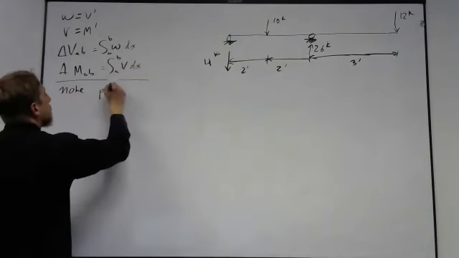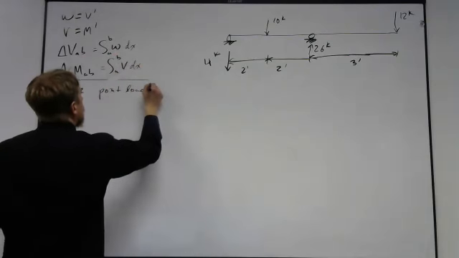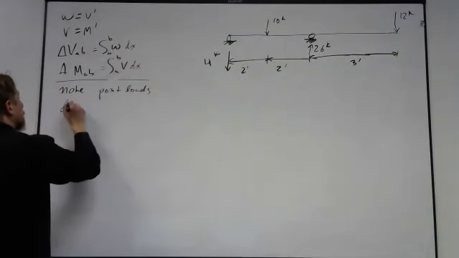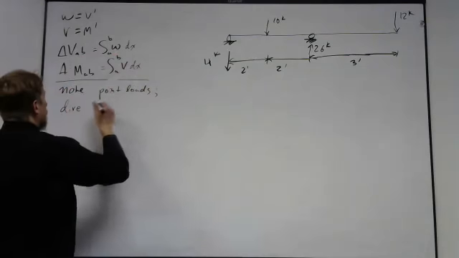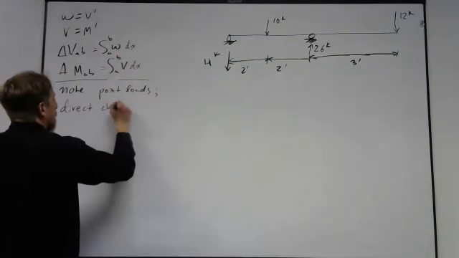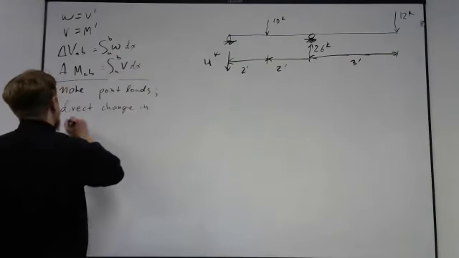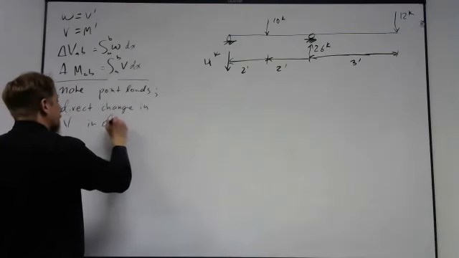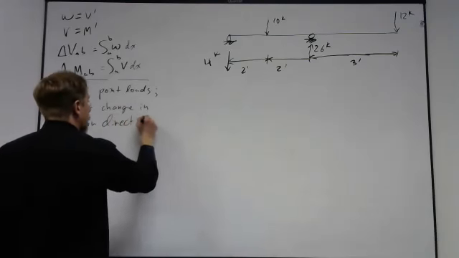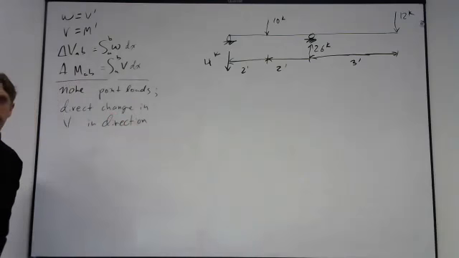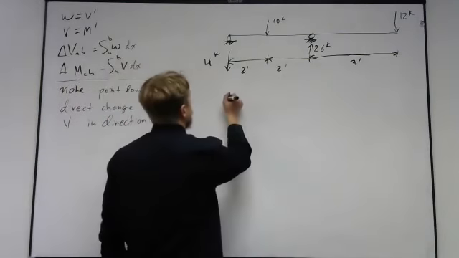Point loads cause a direct change in V, in the direction of the load. It's so straightforward that I'm not going to explain it further. We'll just see how it works.